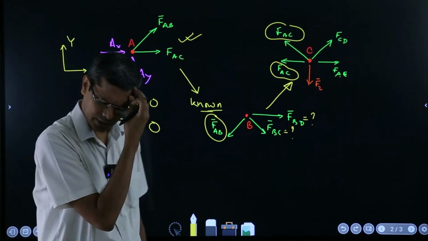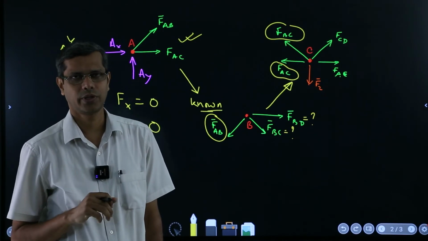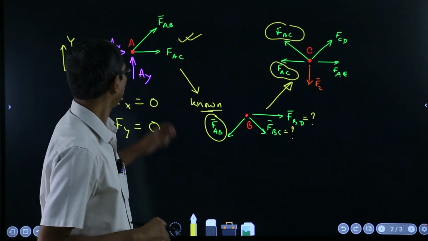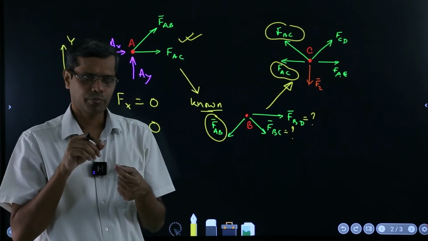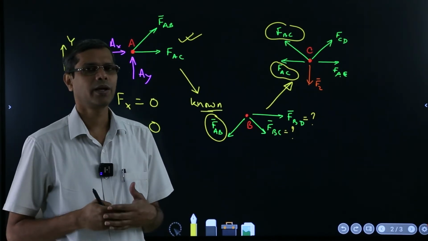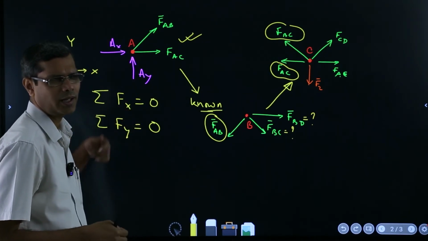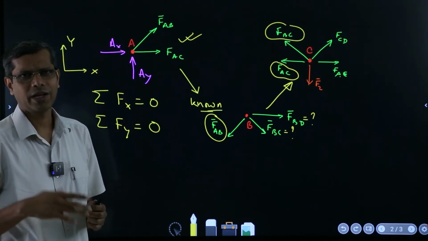But then there is a shortcoming in this method of joint. What is that? See, because we are using the equilibrium of a point, that's a joint, we are able to write maximum 2 equations, not more than that. But we can do better, right?